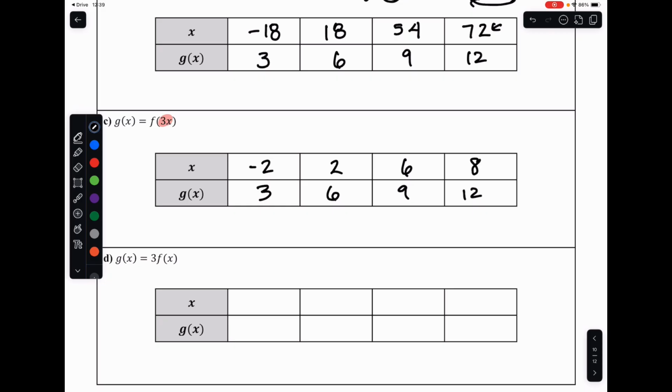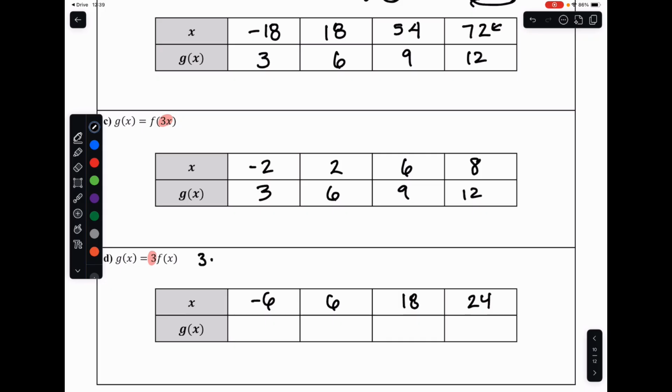Now if that 3 is on the outside, that's going to affect the y coordinates. So your x coordinates are going to stay the same, -6, +6, 18, and 24. But your y values are now going to change. And for the y coordinate, we do the notation that we have.